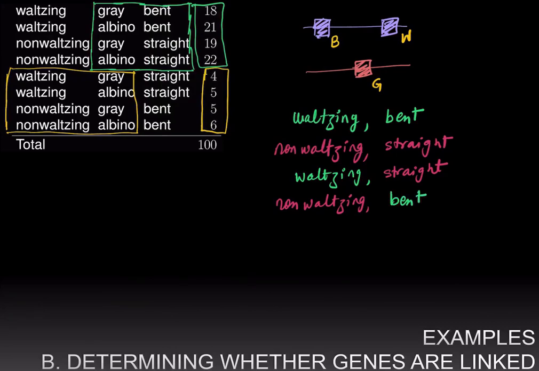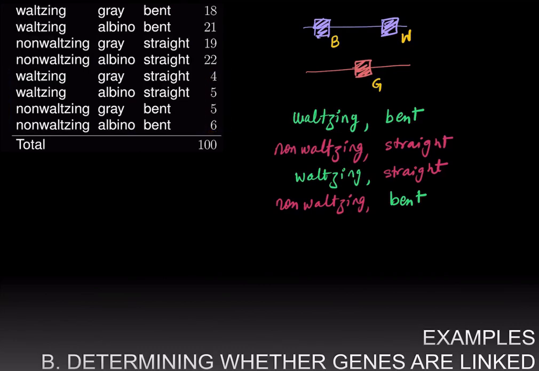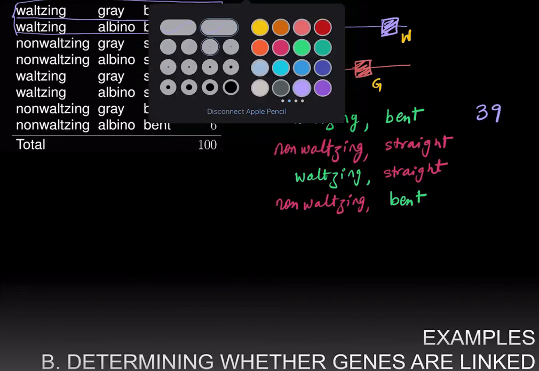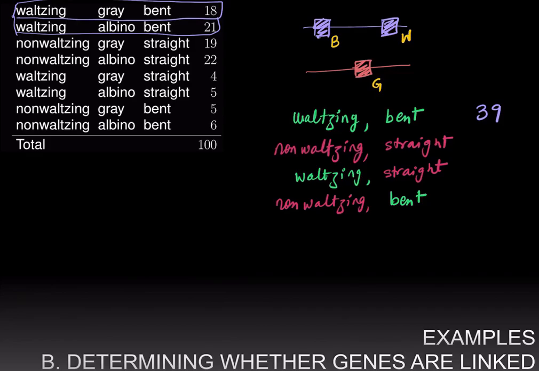Now we can go and determine the frequencies of these genotypes or these phenotypes. And so let's do waltzing and bent. That's here. And we also have waltzing and bent over here. So we have 39. Then we can look at non-waltzing straight.